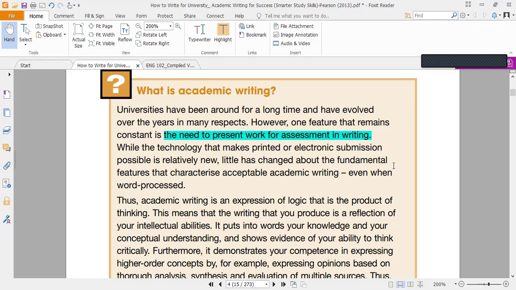Let's read further. While the technology that makes printed or electronic submission possible is relatively new, little has changed about the fundamental features that characterize acceptable academic writing, even when word processed.